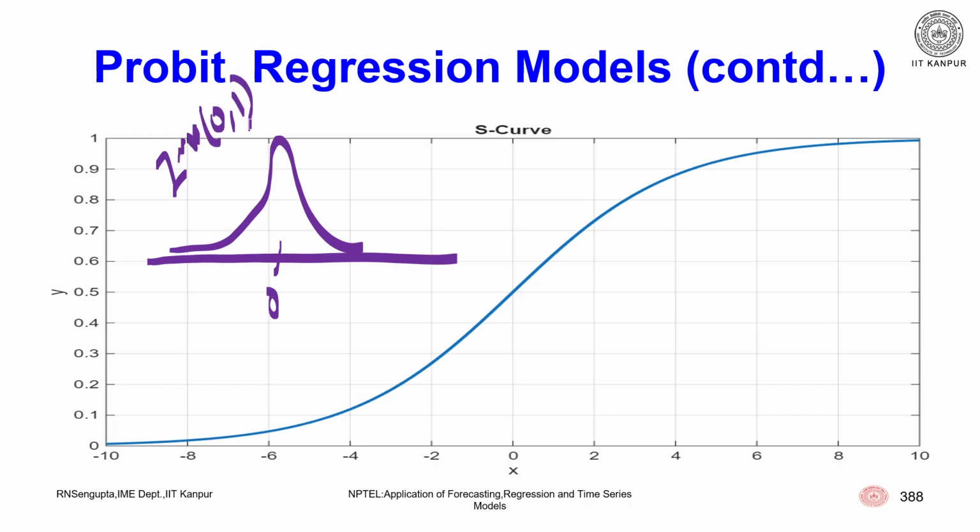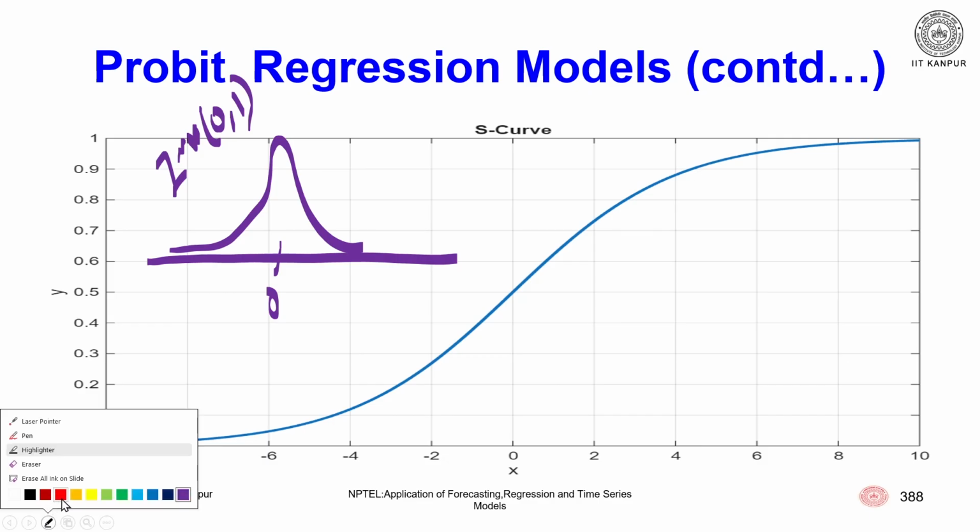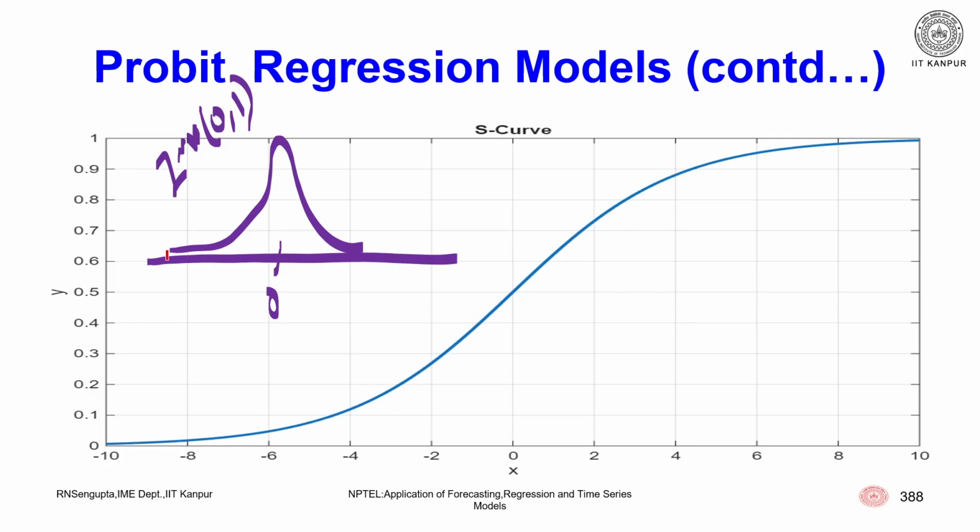N means normal, 0 is the mean, 1 is the standard deviation. Now, if I replace this PDF with its CDF, I will draw it here with the red ink. This would be the CDF, and the maximum value for the red line is 1, because the CDF value can be 1.